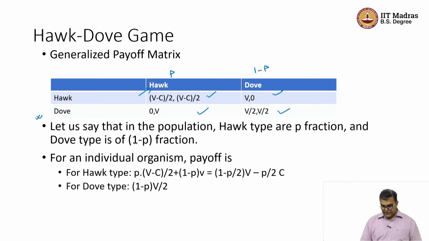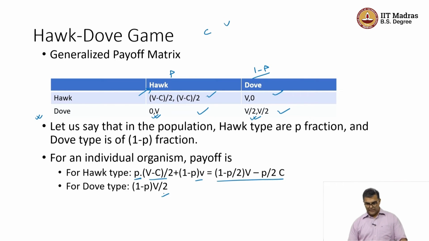So, the payoff is going to be p multiplied by (v minus c)/2. Remember, we have already assumed that c is greater than v, and 1 minus p proportion of time it meets dove. So, (1 minus p) multiplied by v, and this is the payoff. And for dove type, p proportion of time 0, but 1 minus p proportion of time v/2. So, this is the payoff.